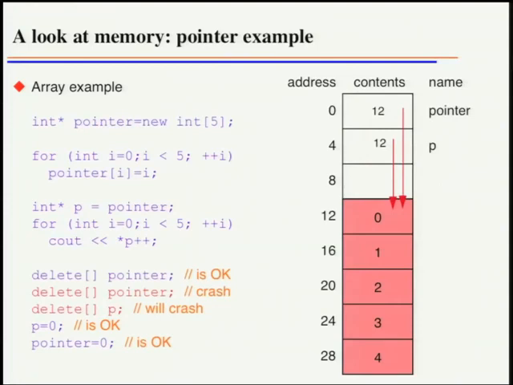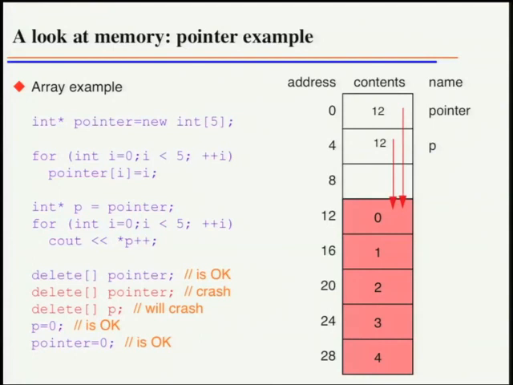For the second part, we declare the pointer variable pointer and assign it the address of a dynamically allocated array. So this new int 5 allocates 5 elements somewhere in the memory, and the start address of this array is assigned into that variable.